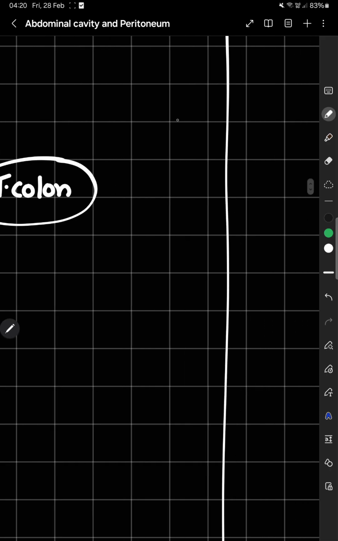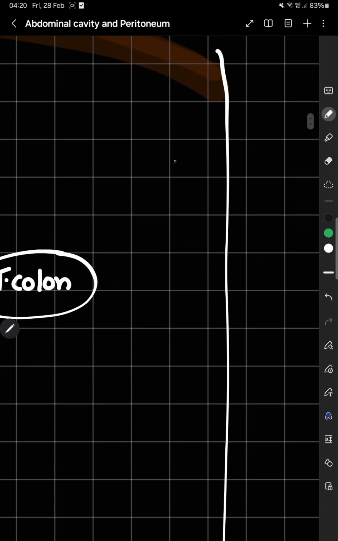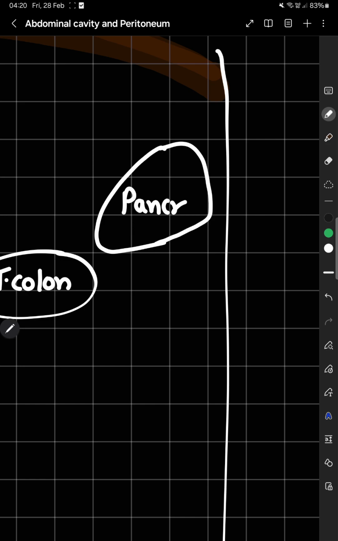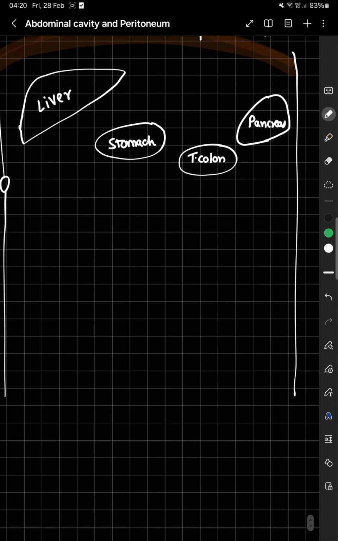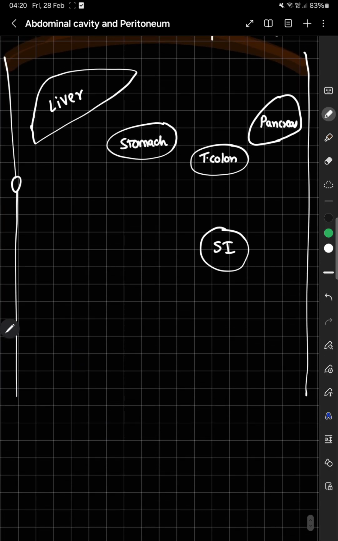And then we have the pancreas somewhere over here. Let's make a better diagram, something like this. So we have the pancreas, something like this. And then we have our small intestine somewhere over here. This is a very rough diagram just to get an understanding of what peritoneum actually is and what we are going to study in this chapter.